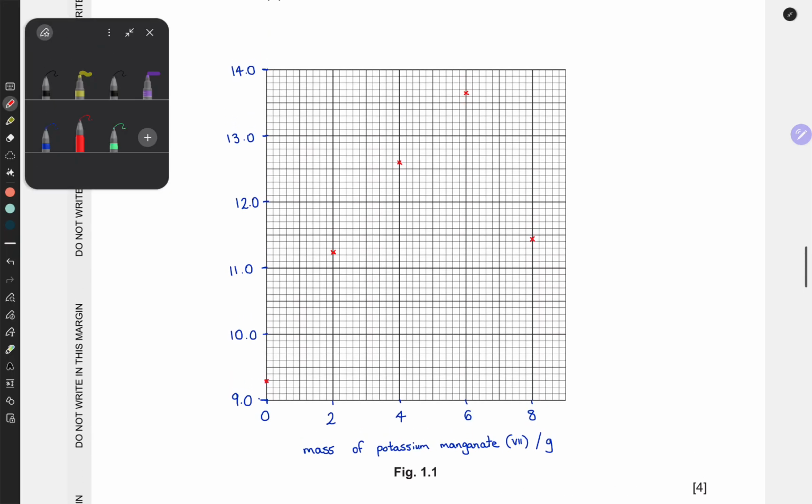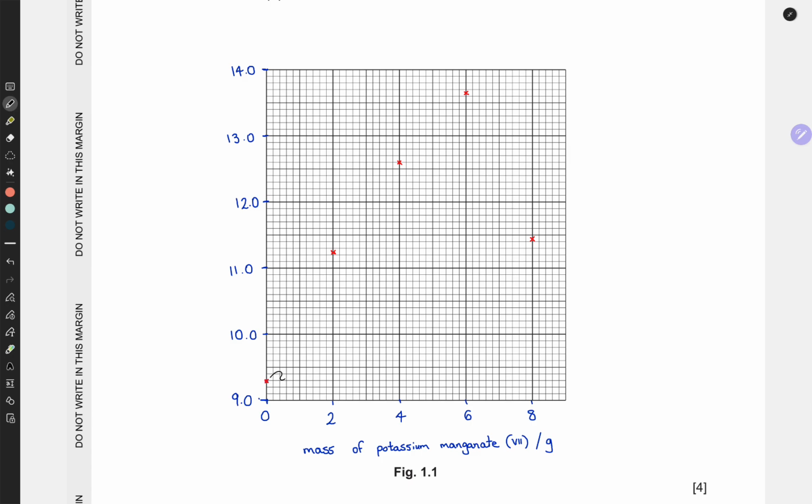Then you should connect the dots with a straight line using the ruler from point to point.